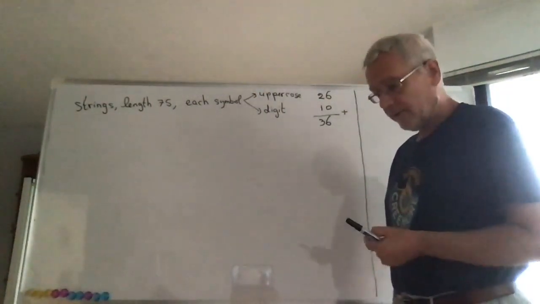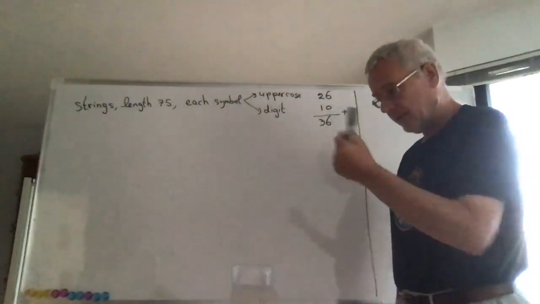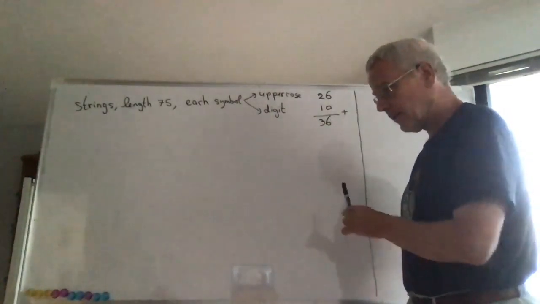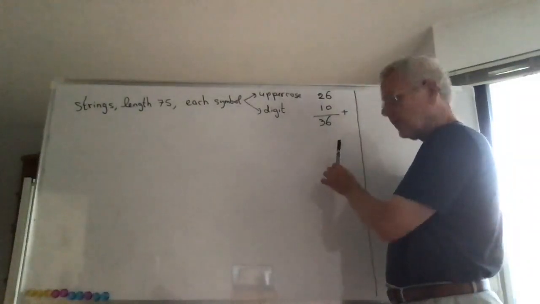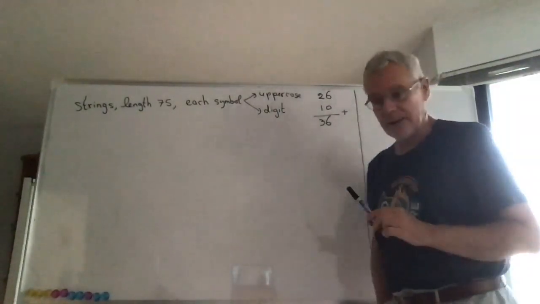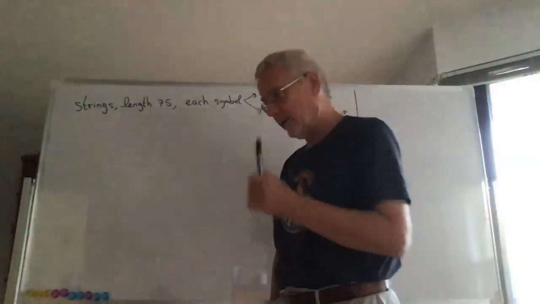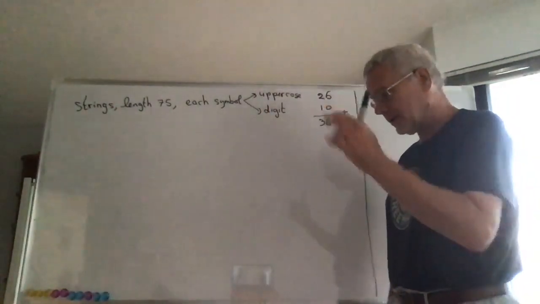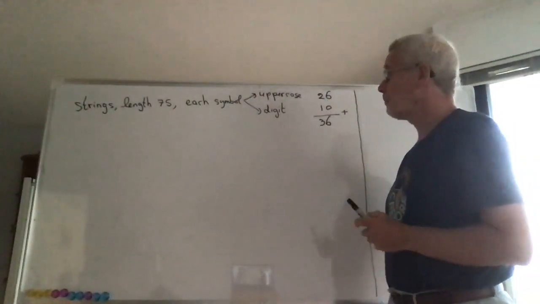Now after we have chosen symbols 1 and 2, we choose symbol number 3. Again, the number of ways to choose symbol number 3 is 36, and it doesn't depend on which symbols we chose for positions 1 and 2.